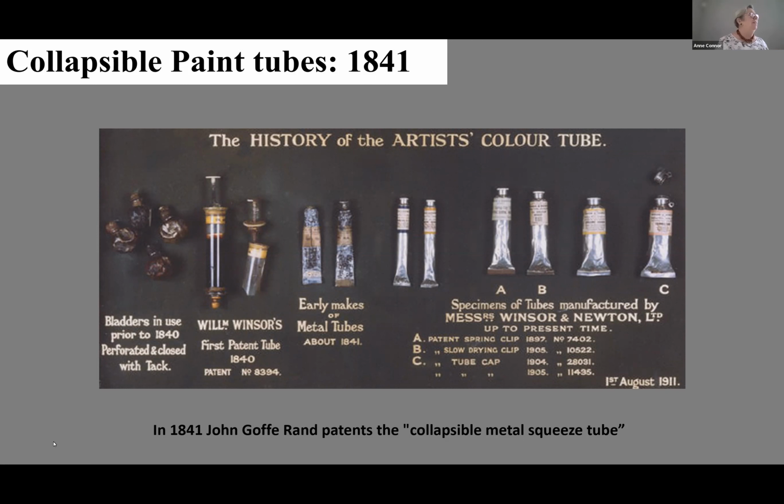So this is a very, very important event that's going to make the life of the Barbizon group as well as the Impressionists much, much easier. They can take their easel, their canvas, their little tubes, and go out in nature and paint.